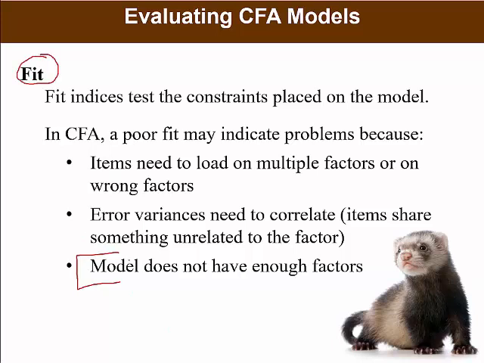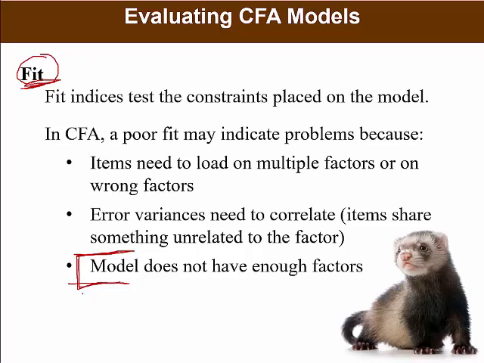Note that, and we're going to look at this in just a moment going the other direction, the fit does not tell me about a situation where I have too many factors. Because if I had 5 factors, but I only needed 3, well, when I add more factors, I'm making things easier to constrain. If I say I have just one factor, I put more constraints on my model. If I say I have 2 factors, then I'm relaxing some constraints.